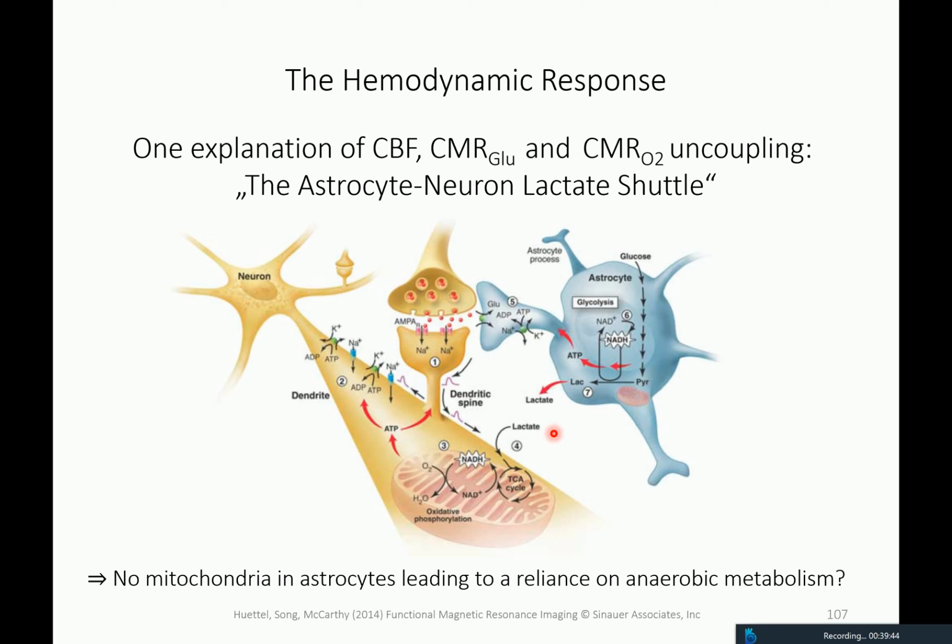It is the astrocyte neuron lactate shuttle theory, which is a theory in itself. I know that you're reading a lot of summary papers in the other courses, so some reviews. You can also find reviews on the astrocyte neuron lactate shuttle, and these are written like the reviews that you are now reading, right?